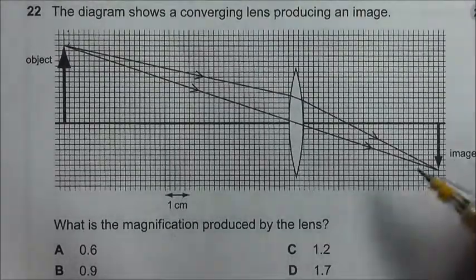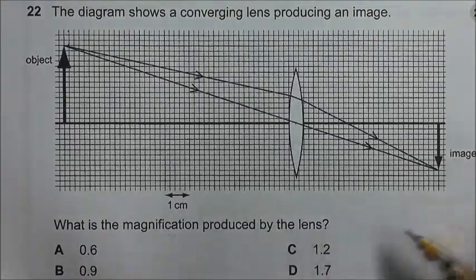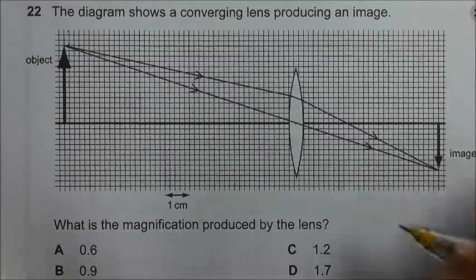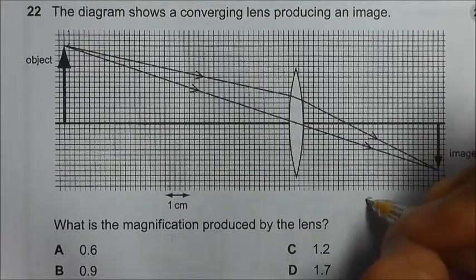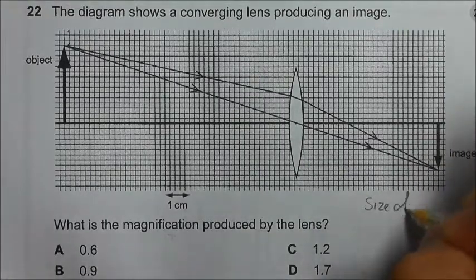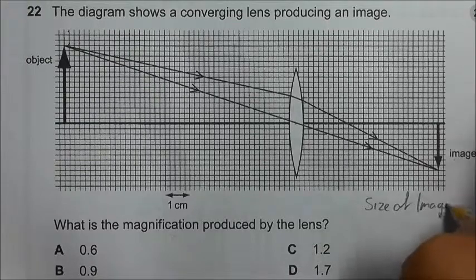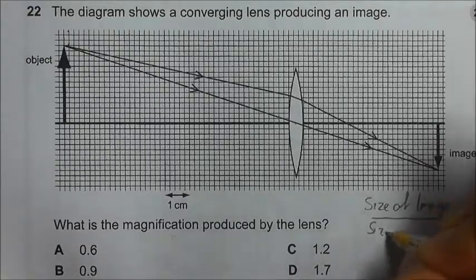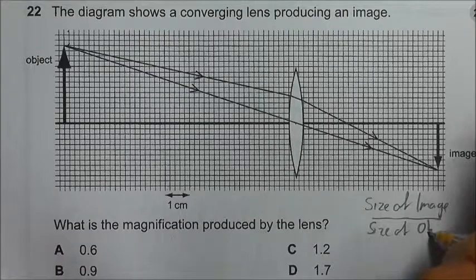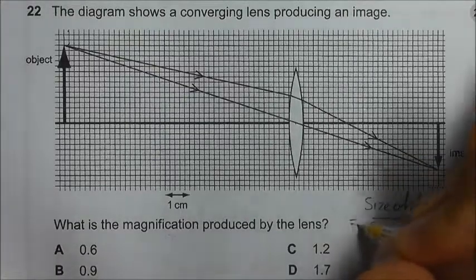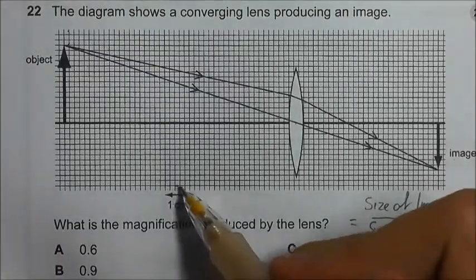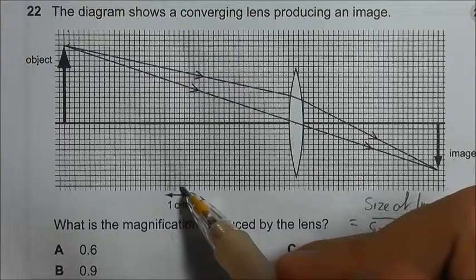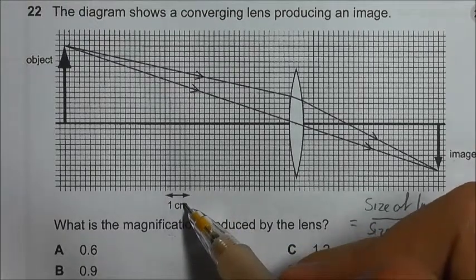Okay, this is a question on the magnification of the image. To find the magnification, we can just take the size of image divided by the size of object. Every 5 squares, 1, 2, 3, 4, 5, is 1 cm.